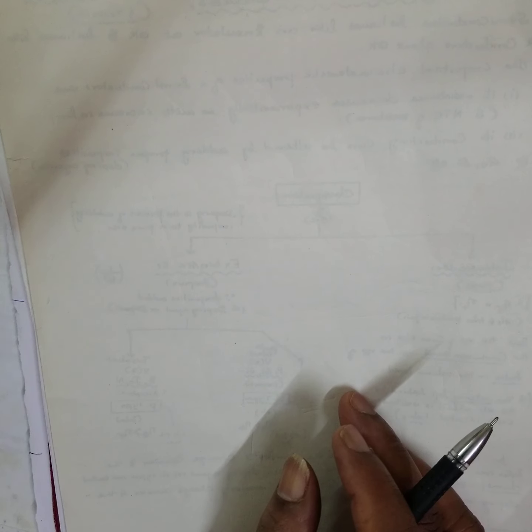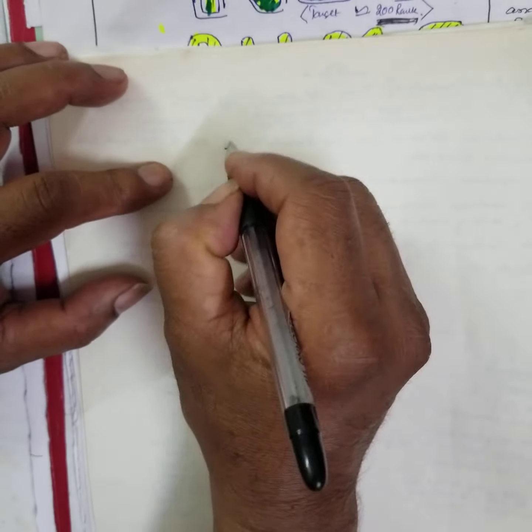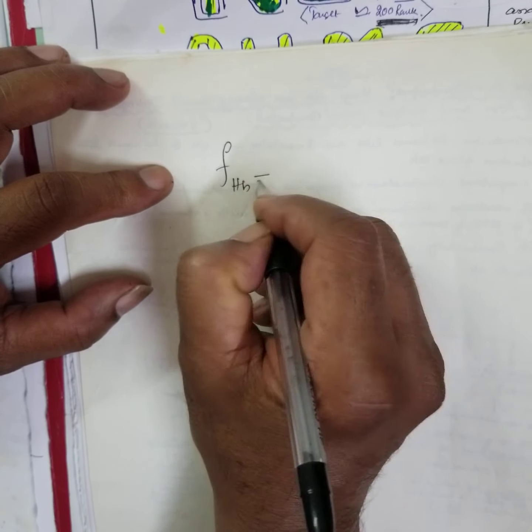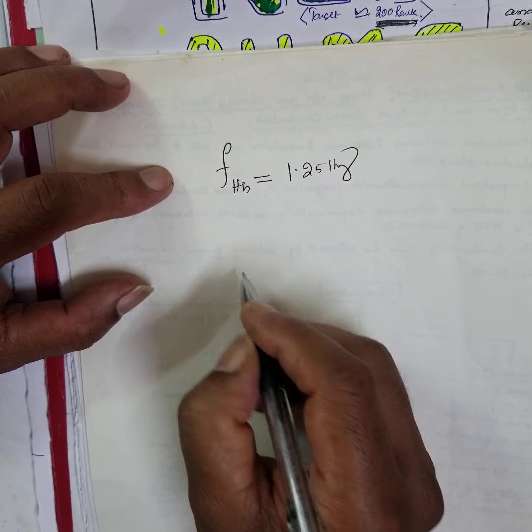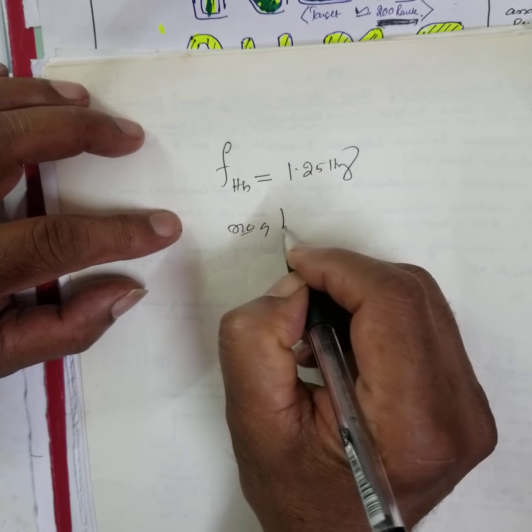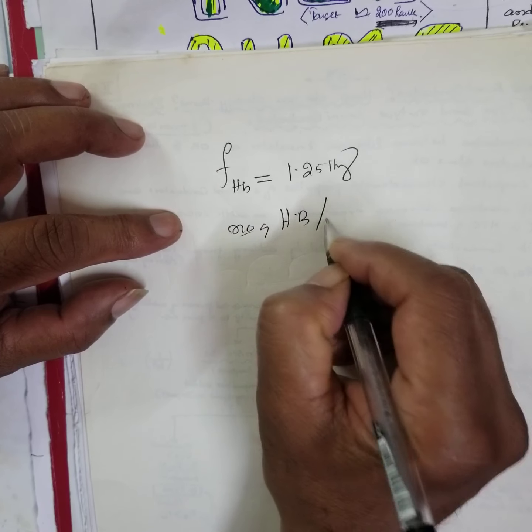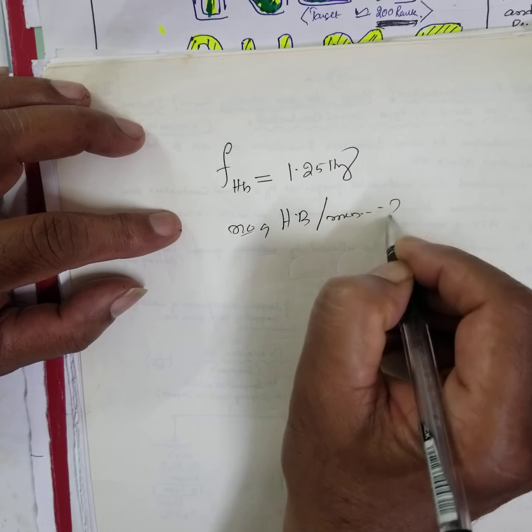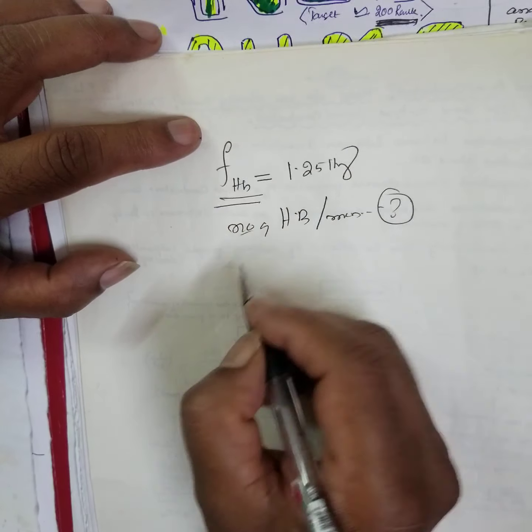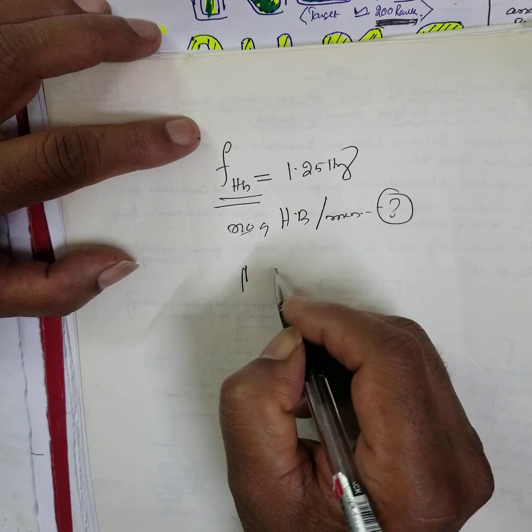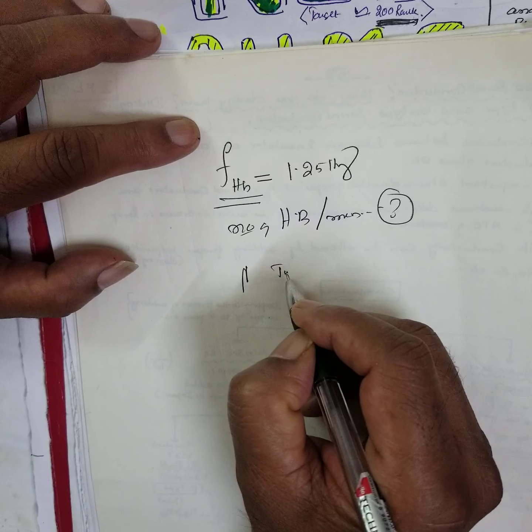Therefore, you must know which is periodic motion, what is simple harmonic motion and all that. Now the question they'll ask you: suppose the frequency of the heartbeat is equal to 1.25 hertz. The number of heartbeats per minute is how much? See, what is called frequency?